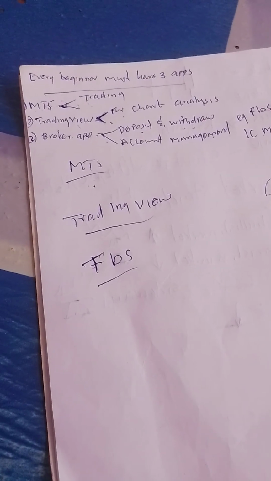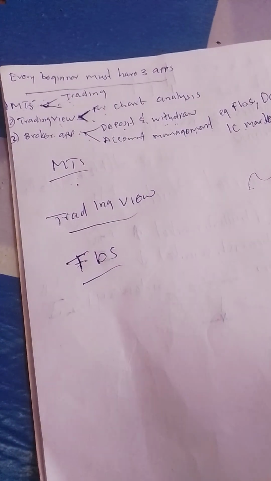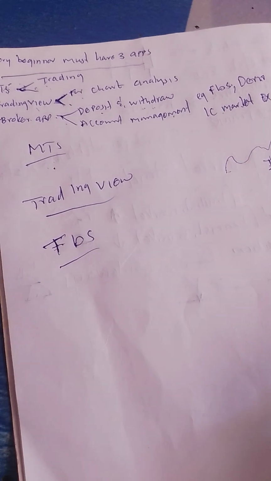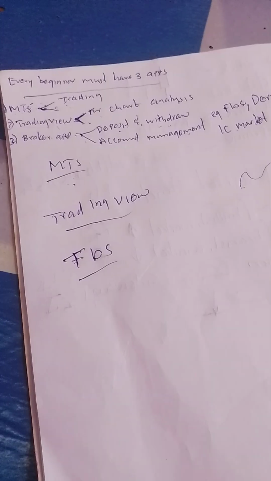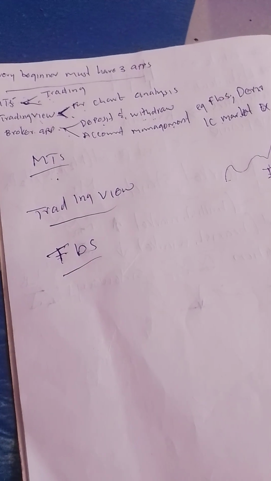Okay, once you download, you create an account with that broker, you verify your emails to your phone. Once you verify your documents, you also create a demo or a real account on that broker.